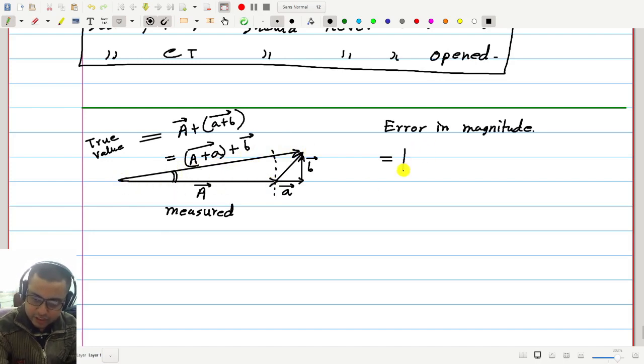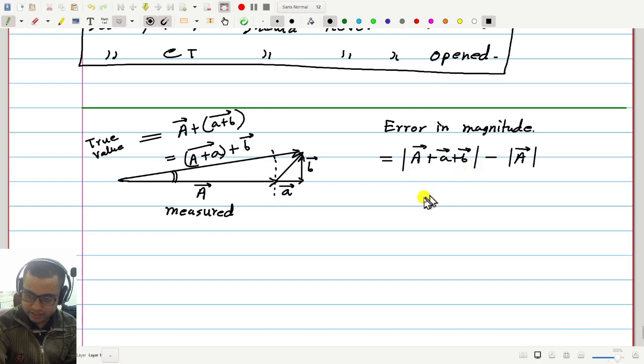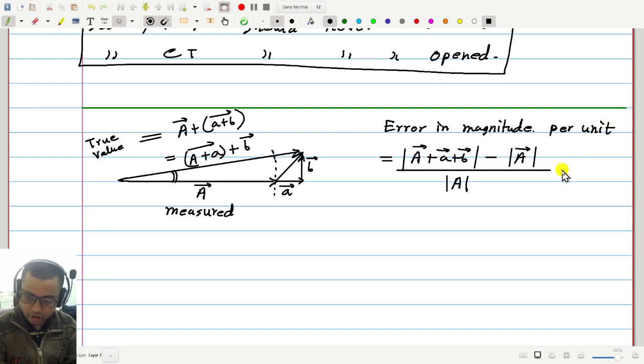So that will be magnitude of A plus B minus magnitude of A. Capital A and little a are in the same direction, but little b is in the perpendicular direction. And now I can also divide this by A, so that will be the per unit magnitude error. If you multiply this with 100, you will get percent error.